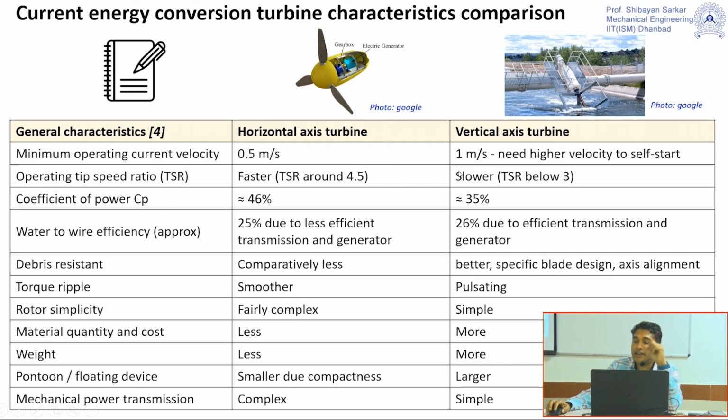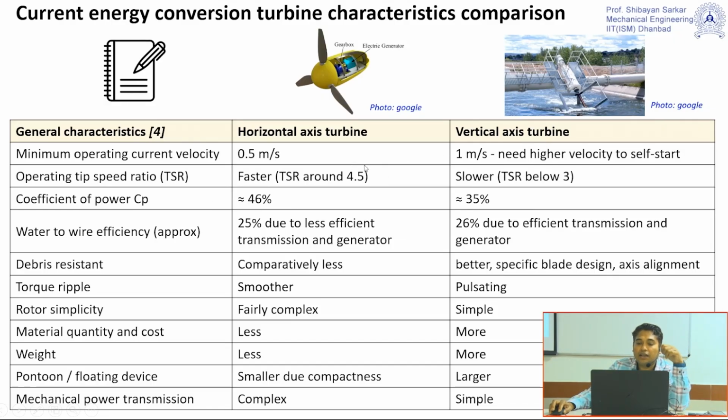And for the vertical axis turbine, the value is bigger, though it is not mandatory or fixed that it must require 1 meter per second. Again, that depends on the size of the turbine, the material of the turbine, whether the turbine material is heavy weight or light weight. So it depends. But these two values will give you a certain idea that the horizontal axis turbine requires a lesser amount of velocity to start with, but the vertical axis turbine requires a higher amount of energy.